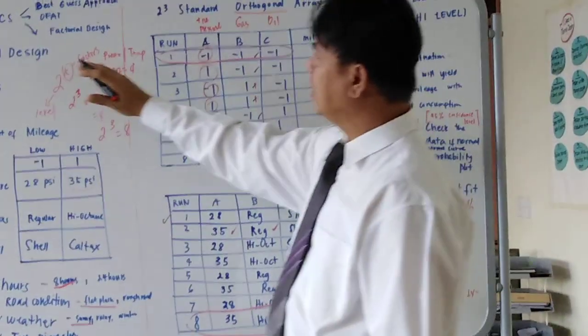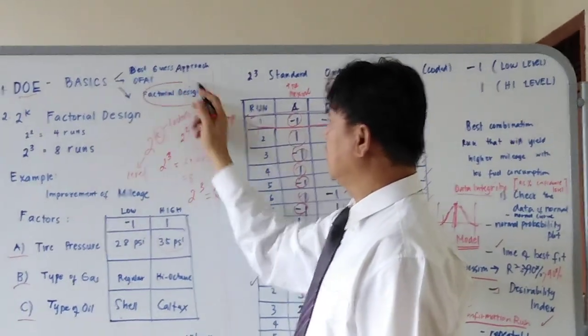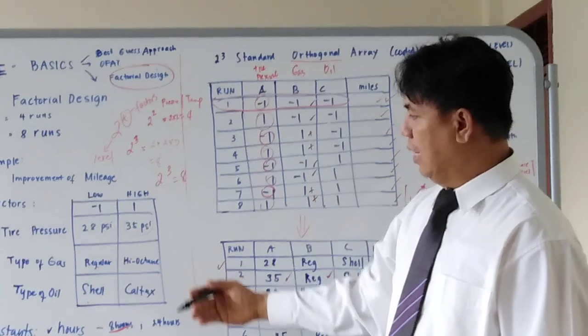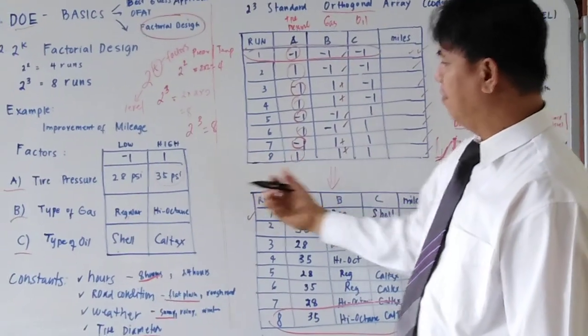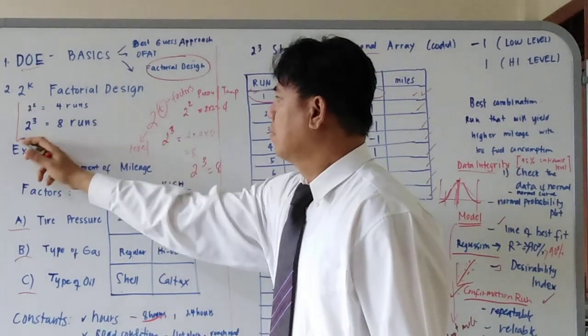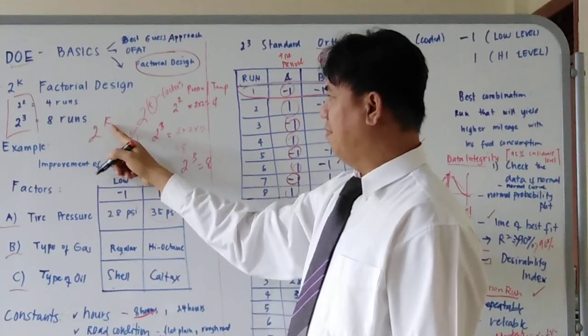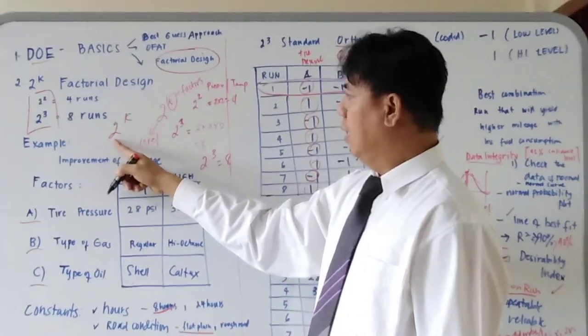If I may summarize, the design of experiments we are using is the factorial design, because we are studying the factors that will affect our output. So here is the configuration 2 to the k, where k means the factors and 2 is the level.